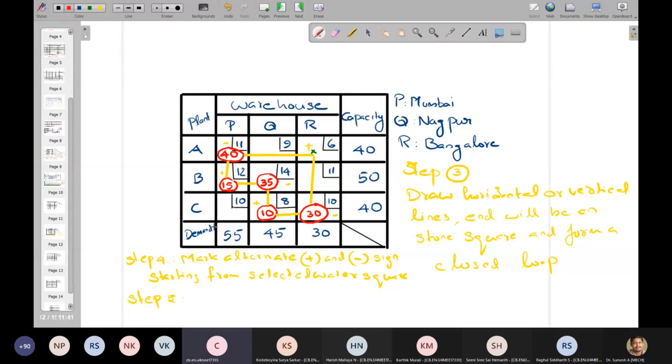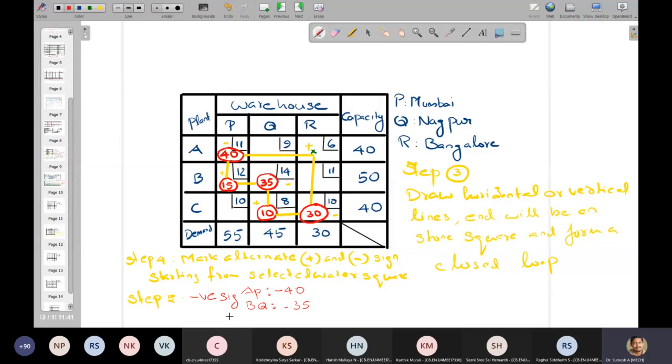Tell me the quantity. It is minus 40. Then minus 35 for BQ. BQ is minus 35, and then CR minus 30. CR will be minus 30.